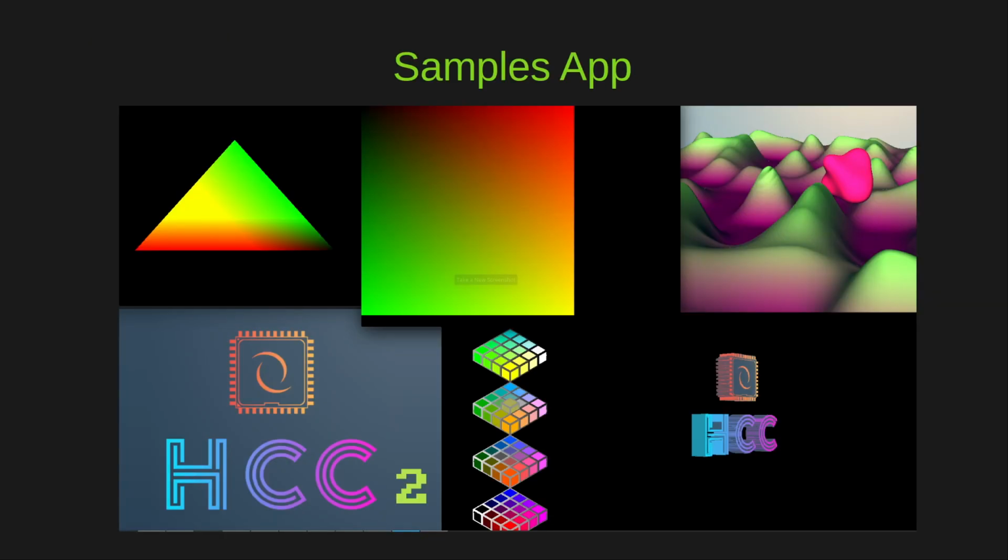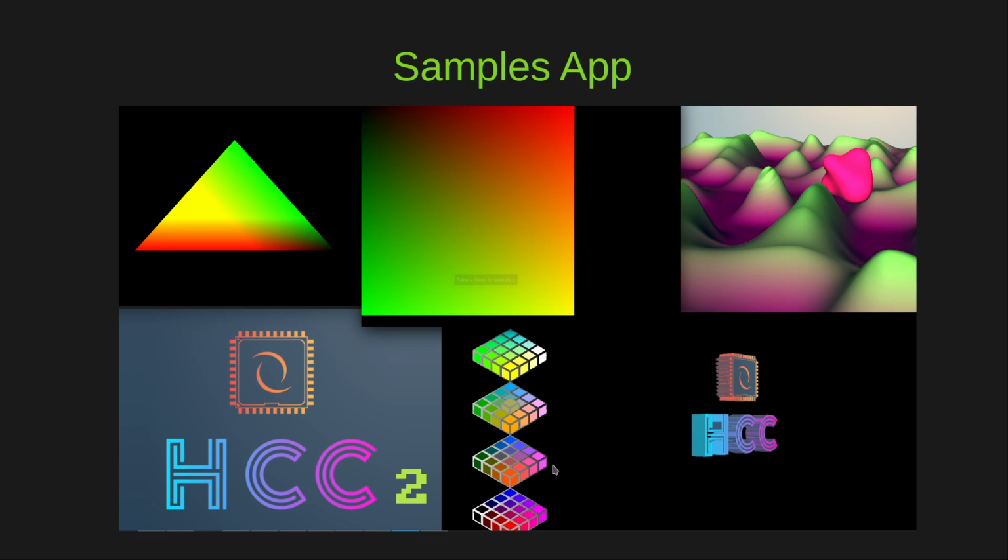We'll also bundle a samples application. There's 6 samples. There's a basic vertex shader pixel shader. There's a triangle. There's a basic compute shader, so you can just copy paste these and get rolling. There's also a more complicated ray marcher, and there's a texture sampler, so you can just see how these things are used. And there's another ray marcher here as well that is a cube that spins out and then starts, like an alternative color picker.